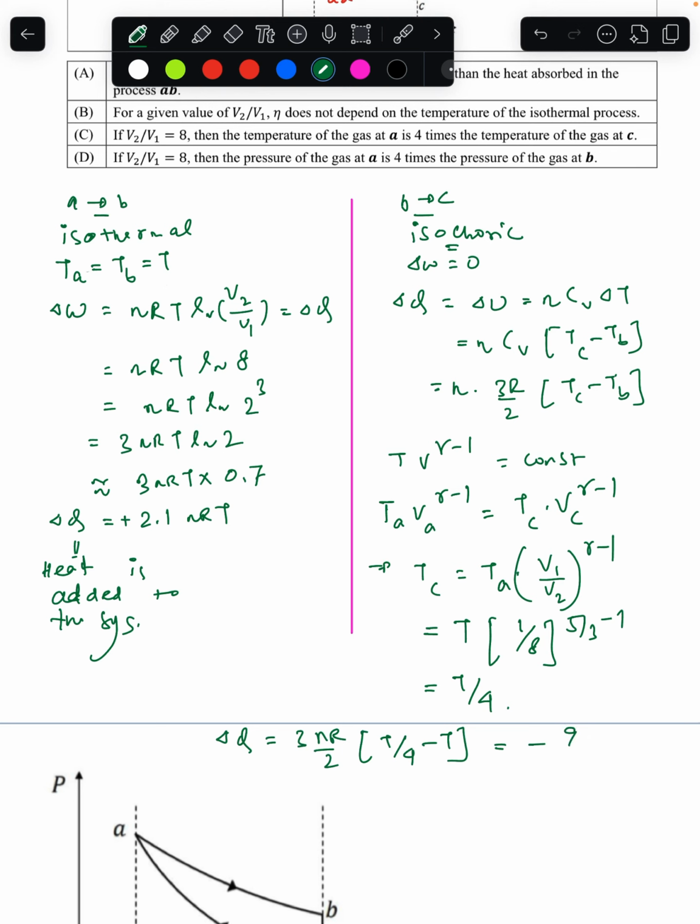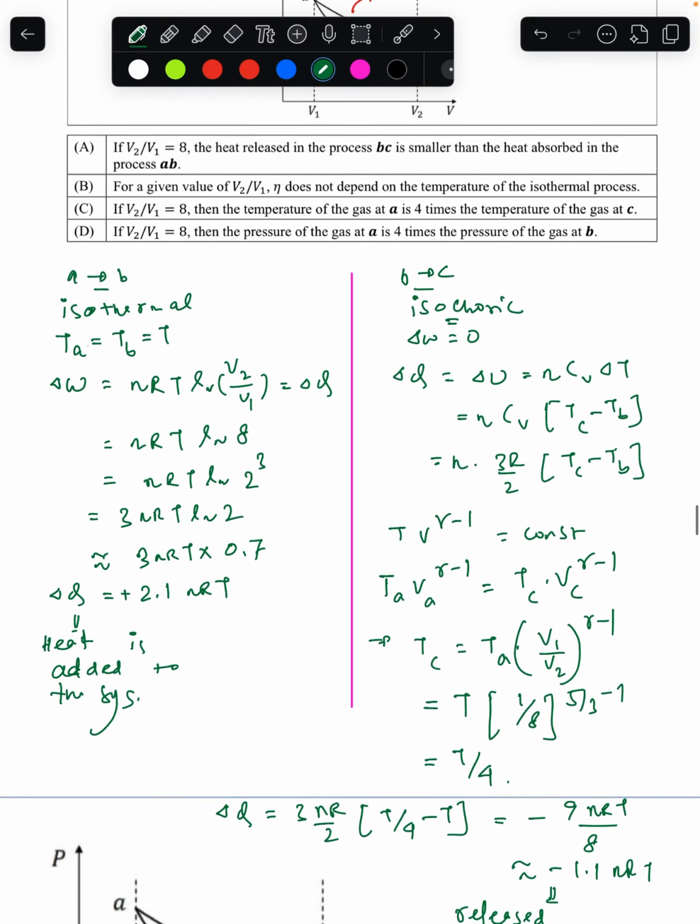This will become minus 9 nRT divided by 8, which is slightly greater than 1, so we can write it as minus 1.1 nRT. The negative sign indicates that heat is released. Okay, so now let us go back to the options.